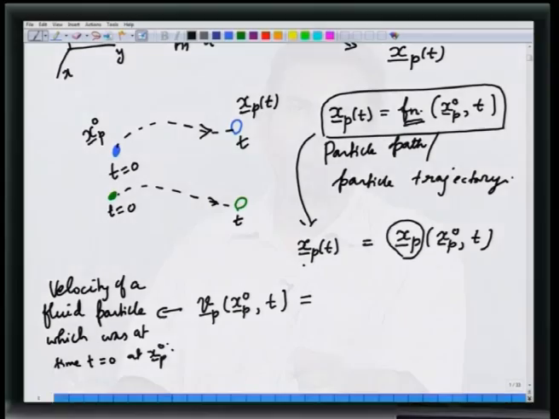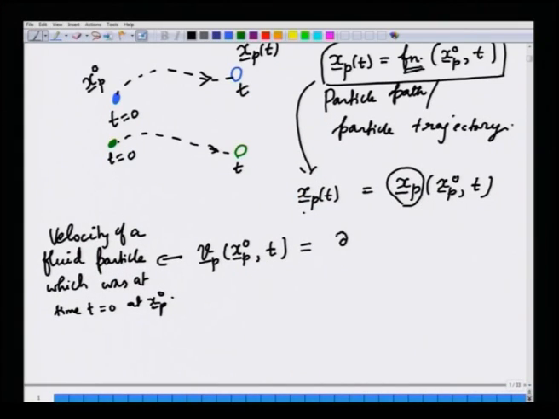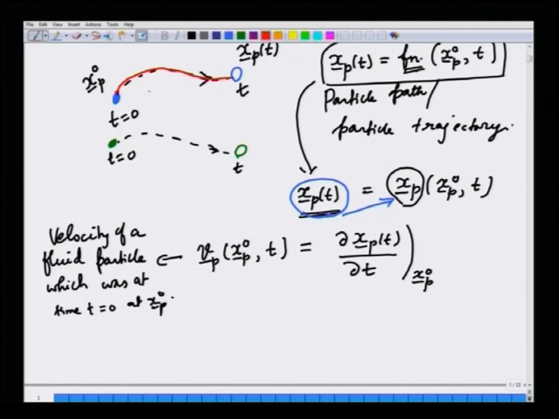Velocity, from the fundamental definition in mechanics, is the rate of change of position. So, we simply take the particle trajectory, which is given by this functional form, and differentiate with respect to time, keeping the initial position, the particle label, constant. What you are keeping constant here is that you are following the same particle, and then you are measuring its trajectory, as well as quantities like velocity.